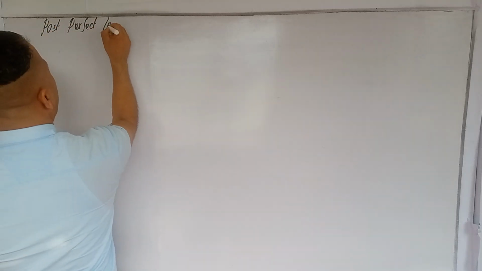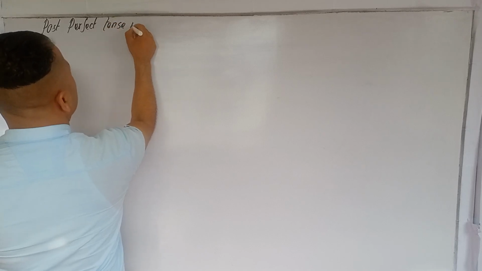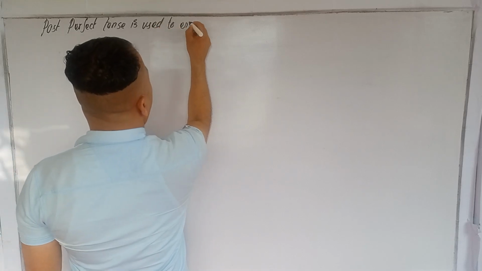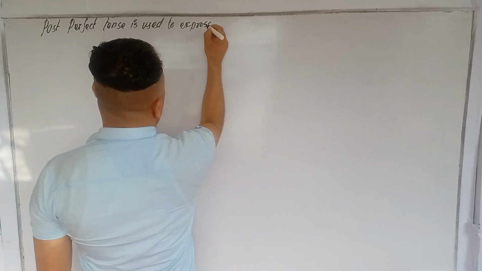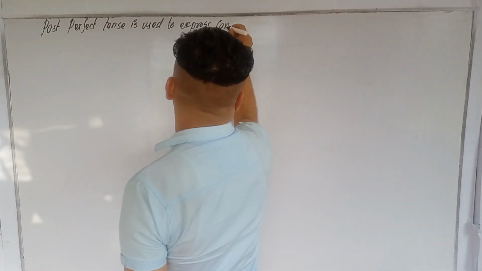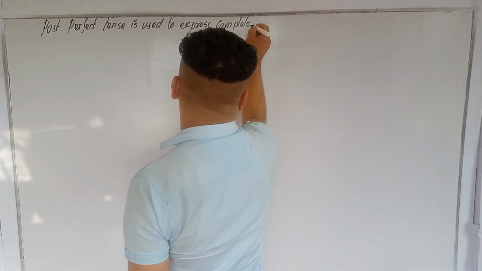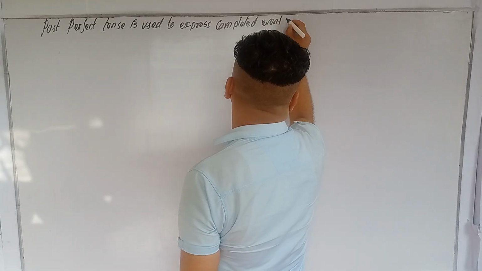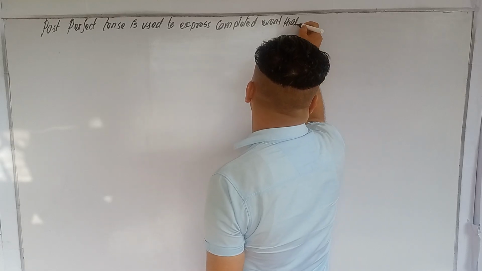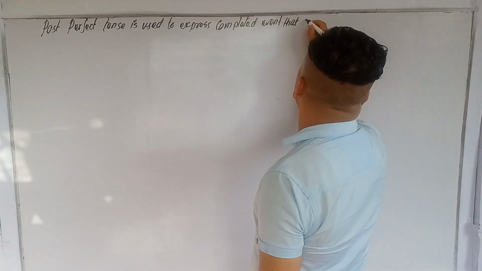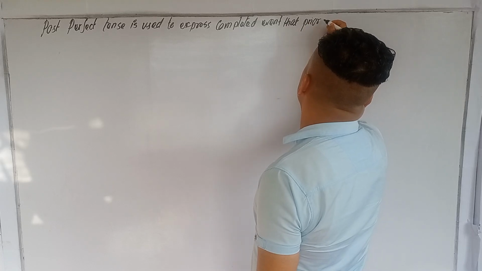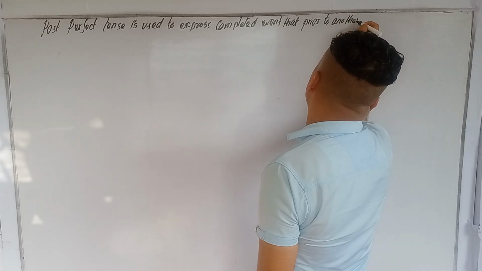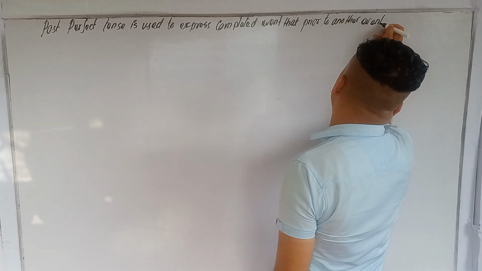Past perfect tense is used to express a completed action, a completed event that is prior to another event in the past.